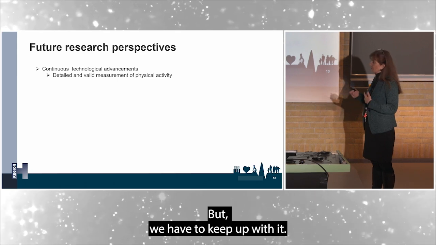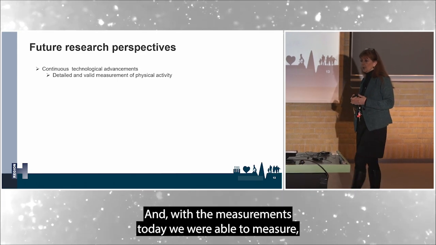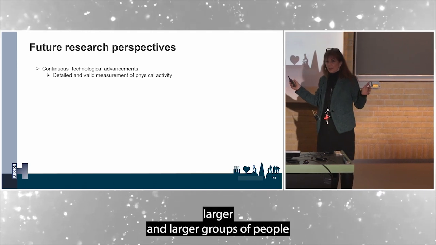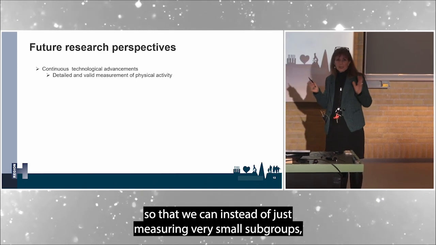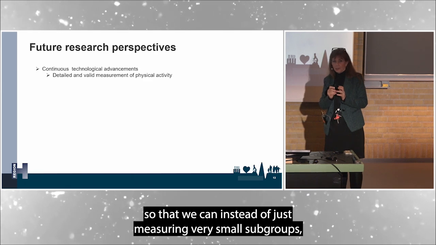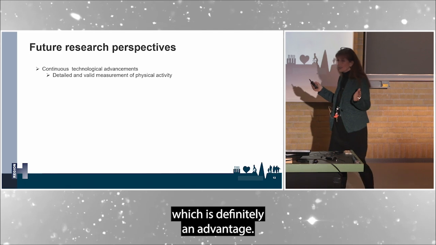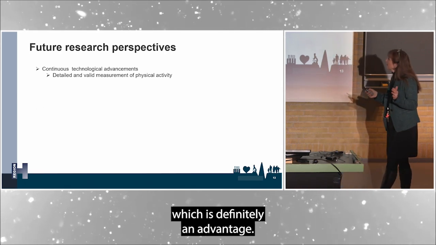But we have to keep up with it, and with the measurements today, we're able to measure larger and larger groups of people, so that instead of just measuring very small subgroups, we can use these measurements in thousands of people, which is definitely an advantage.